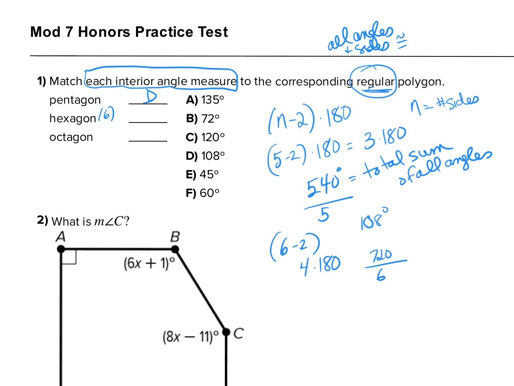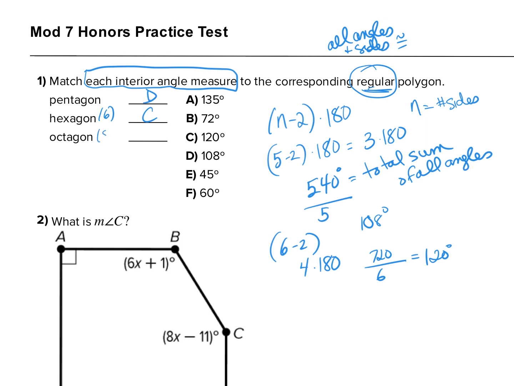Dividing by 6, the total number of sides, and you guys know my mental math is terrible, so I need my calculator, I get 120 for each individual angle for the hexagon.